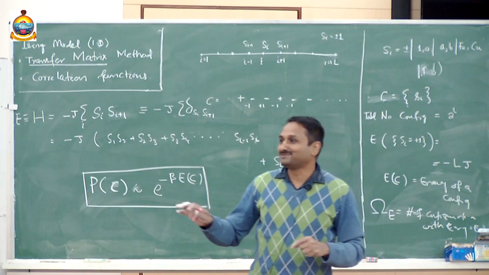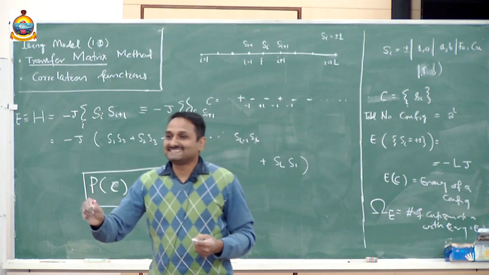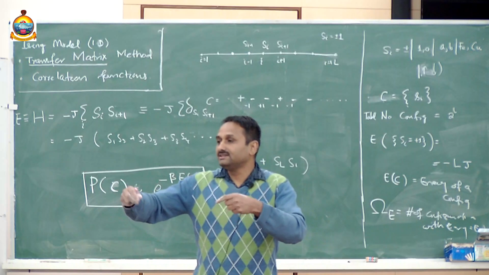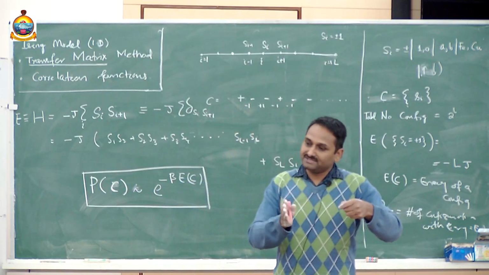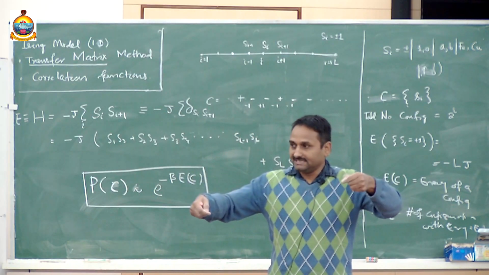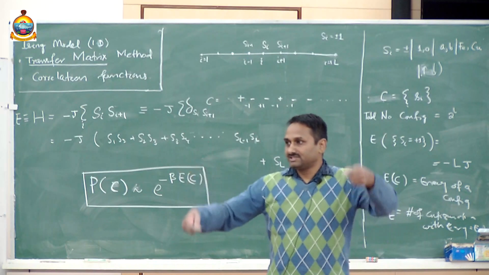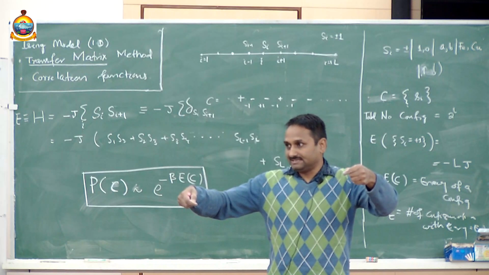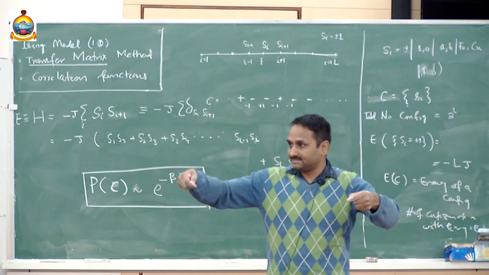Maybe you can discuss it later, but the short answer is that if you have oscillations, you have a phase. If you are here, you are at a particular phase; if you are here, you are at a different phase.